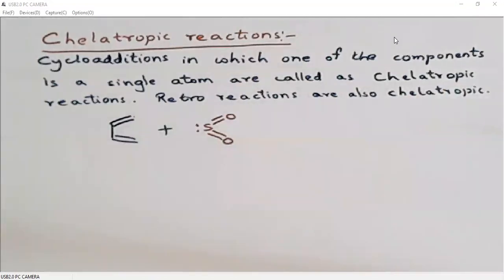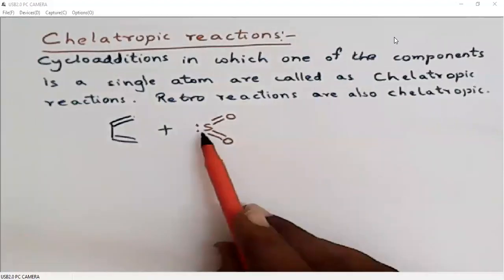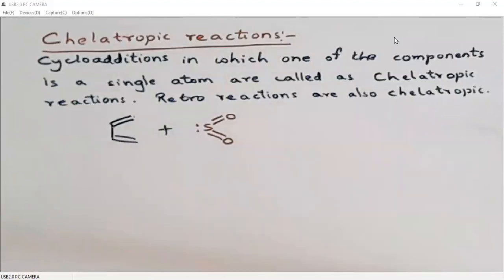Even when we look at elimination reactions, that means reverse reactions, retro reactions, if a single atom is expelled from the compound, it is called a cheletropic reaction.